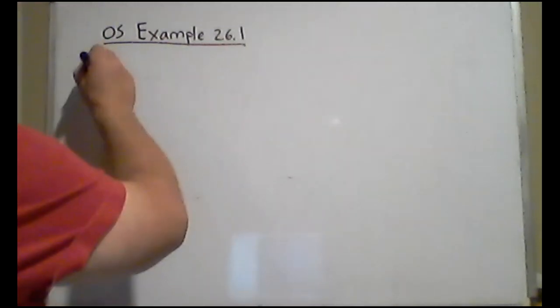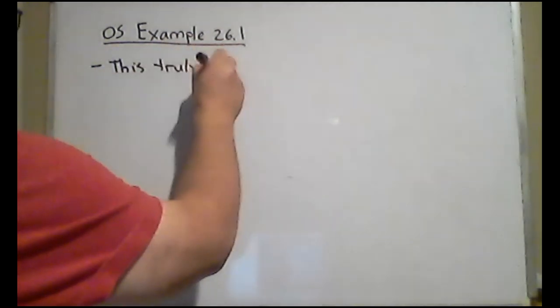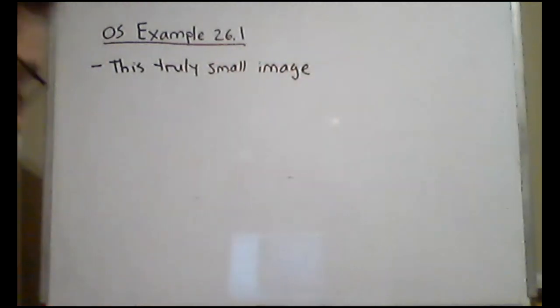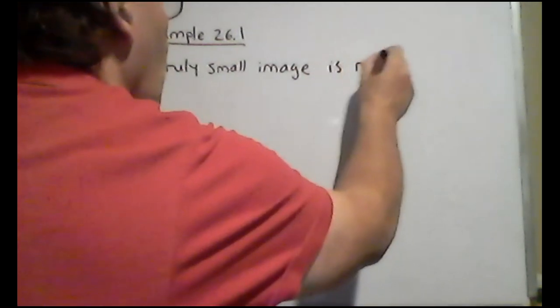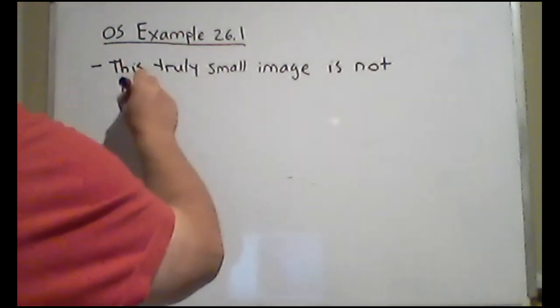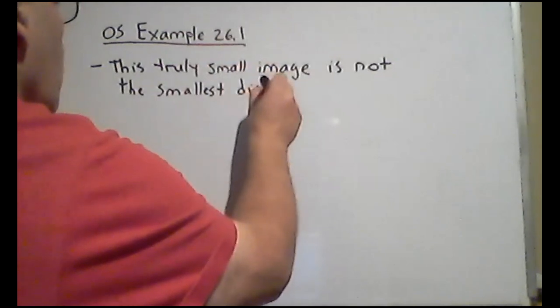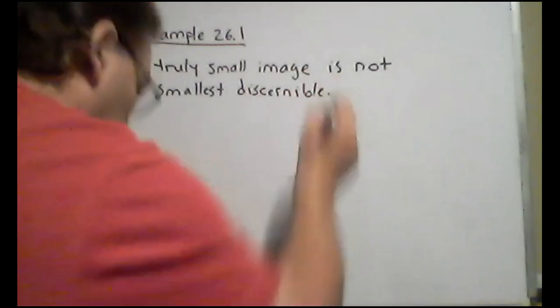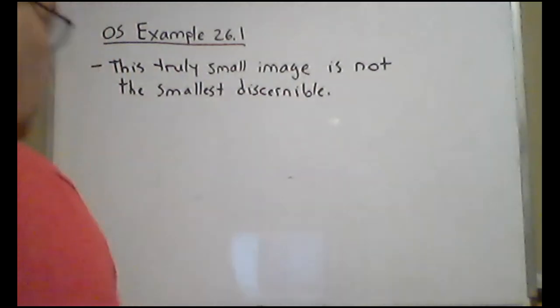They discuss that this truly small image is not the smallest discernible. The limit of visual acuity is even smaller than this.